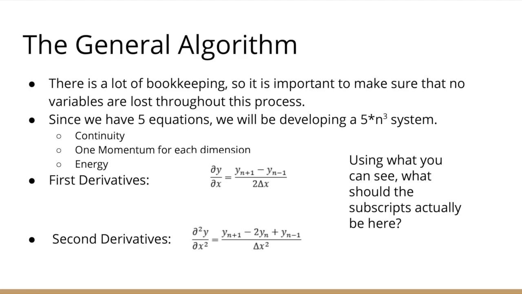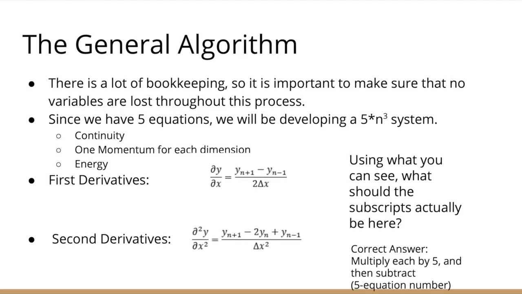However, these are only applicable to systems where you only change in one direction. So now, just to see if you understand, using what you can see, can you figure out what these subscripts actually should be? So the correct answer would be that you multiply each of these subscripts by 5, and then you subtract the quantity 5 minus the equation number.